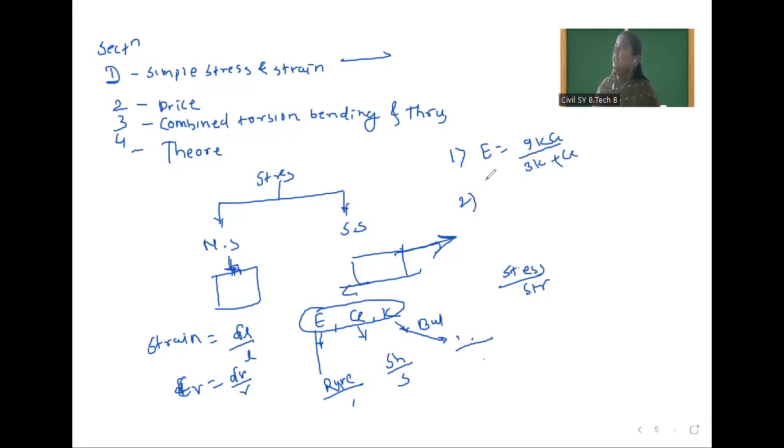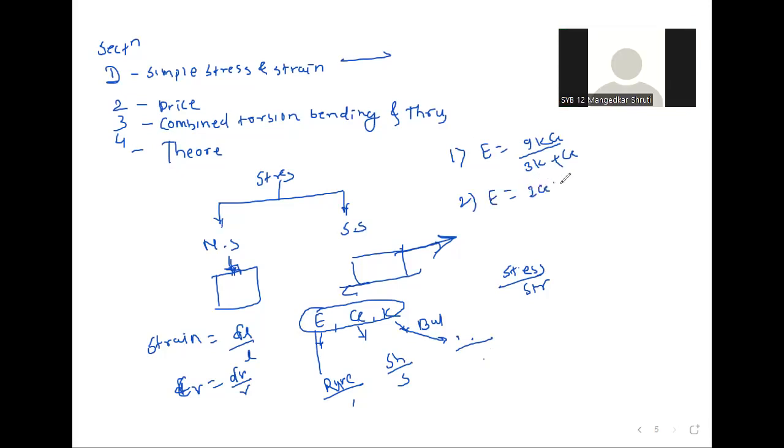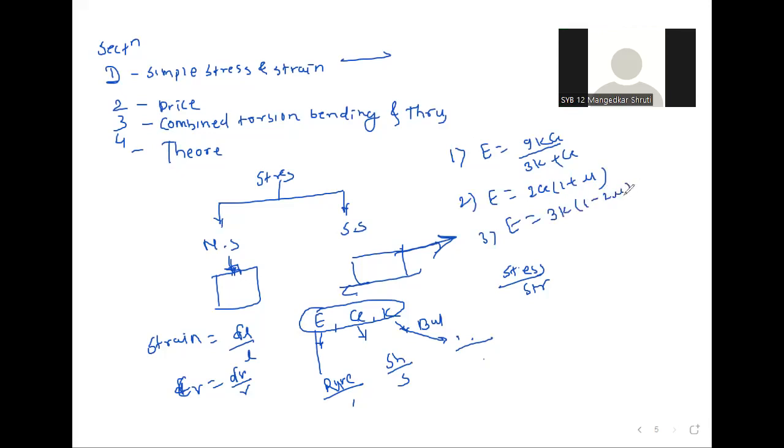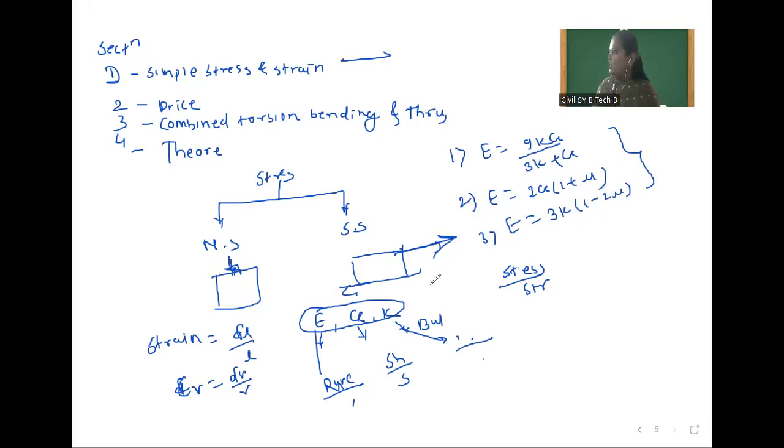After that, we have studied one relation, E equal to 9KG divided by 3K plus G. Okay, after that second relation will be there, E equal to 2G(1 plus mu), and third relation is E equal to 3K(1 minus 2 mu). So remember these 3 equations as well as these formulas. Also, the formula for stress is force upon area.